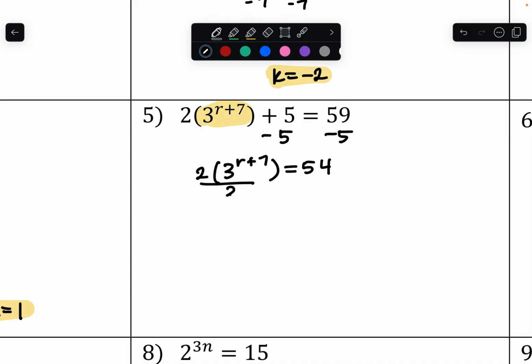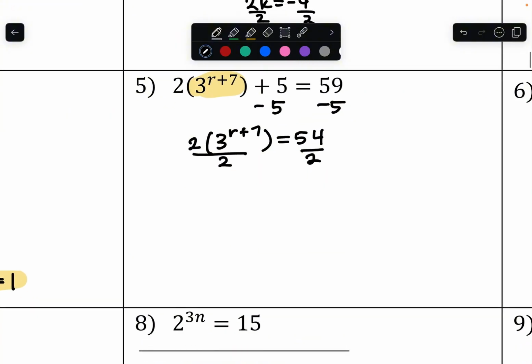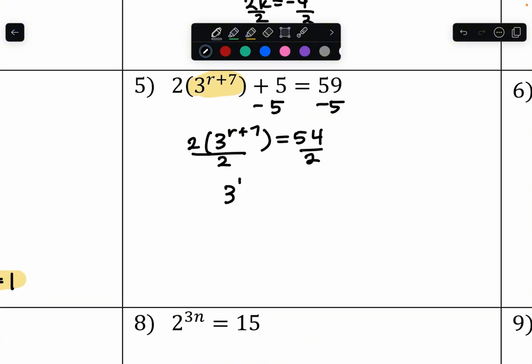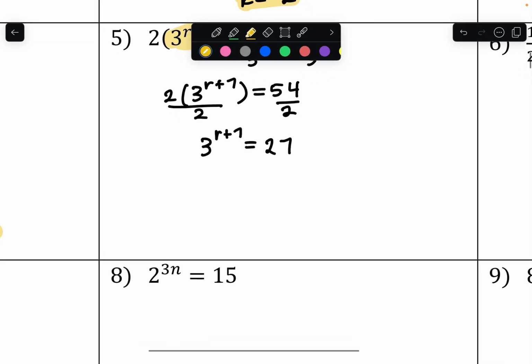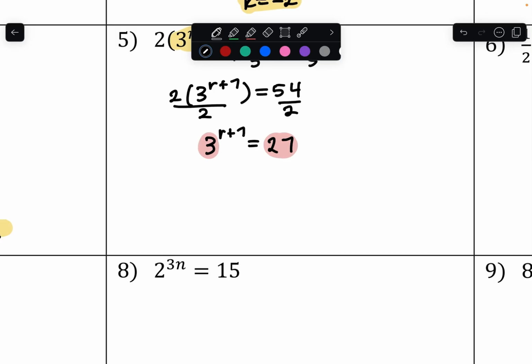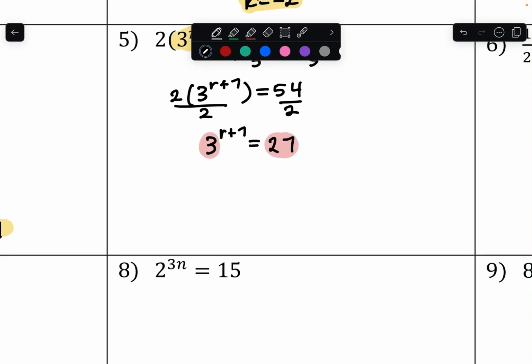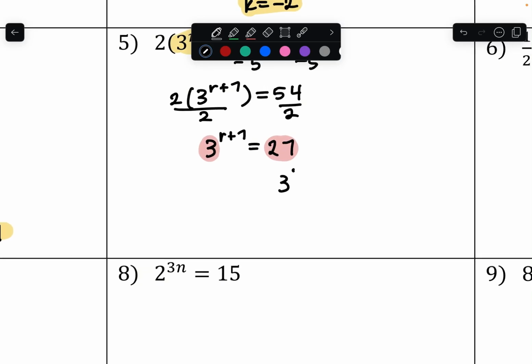And then divide by 2. Just isolating the base. Our base is 3. Okay, and so now that I've isolated the base, I have 3 as my base, and I can rewrite the 27 as 3 to the third power.